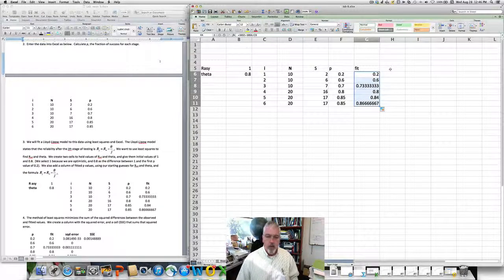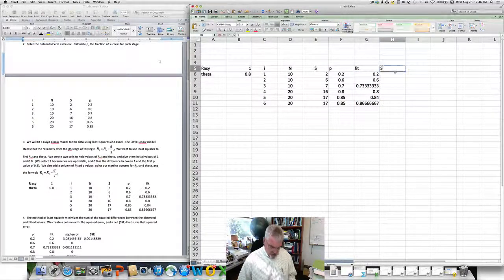I can calculate the errors associated with that, the squared error, by taking the observed percentage minus the fitted value and squaring that.